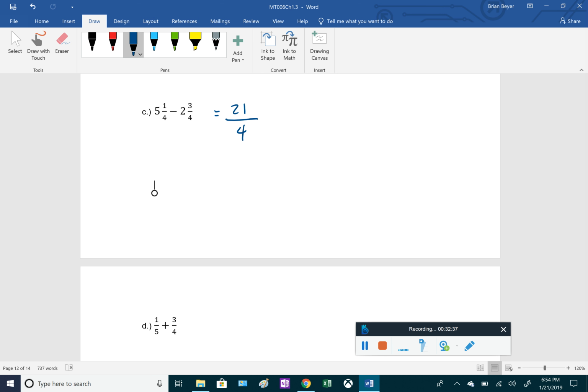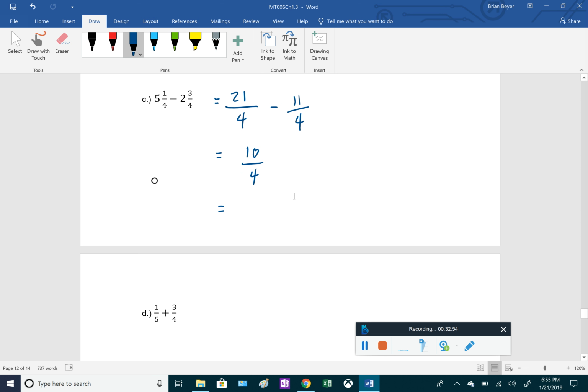And then 2 3/4 is going to be 11/4. So 21/4 minus 11/4, common denominators, subtract 21 minus 11 is 10. So we get 10/4. There's a common factor of 2 that cancels, so we're left with 5 over 2.